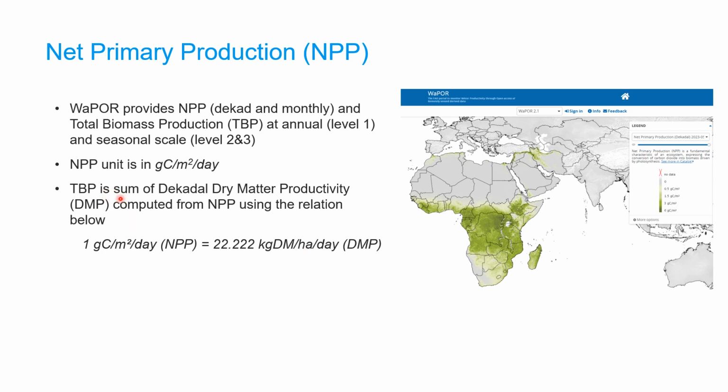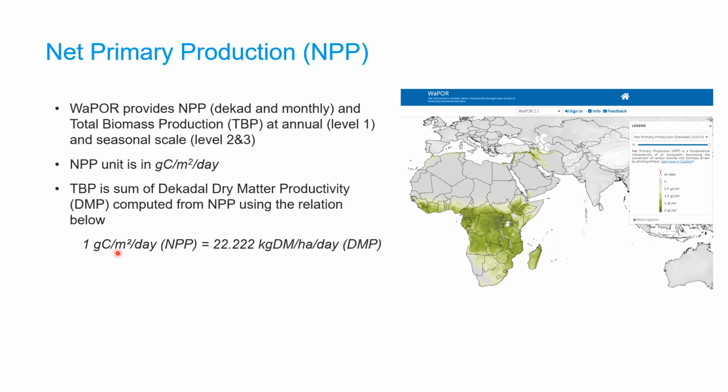The total biomass production is a sum of decadal dry matter productivity computed from NPP using the equation provided here. Dry matter productivity represents the overall growth rate or dry biomass increase of the vegetation. It's often expressed in kilograms of dry matter per hectare per day. DMP is directly related to NPP.